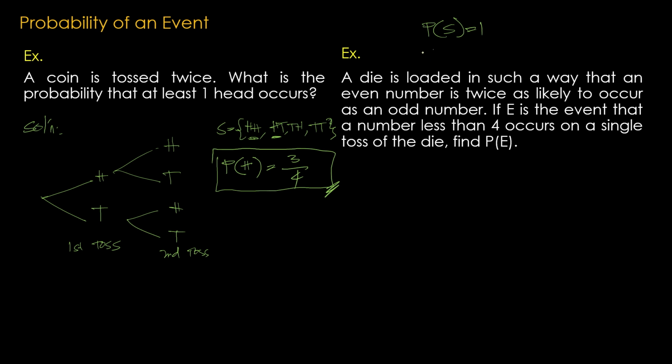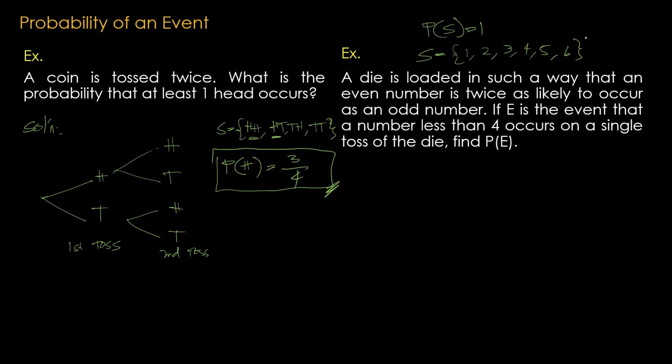In this problem, what is our sample space? Our sample space is 1, 2, 3, 4, 5, and 6 because a die has 6 sides and each of the sides corresponds to a number. Therefore, we have numbers 1 to 6. And the probability of our sample space is equal to 1.